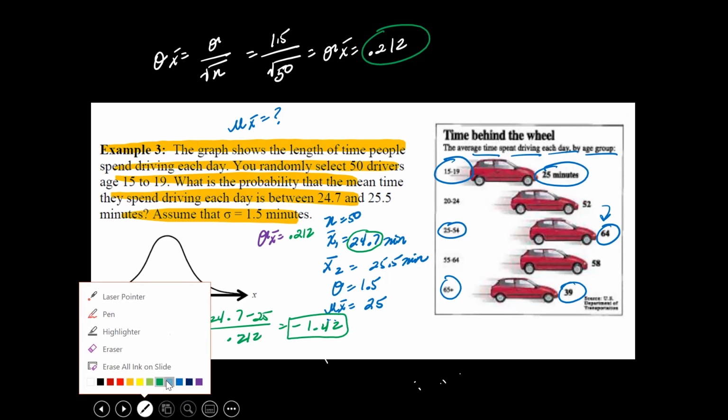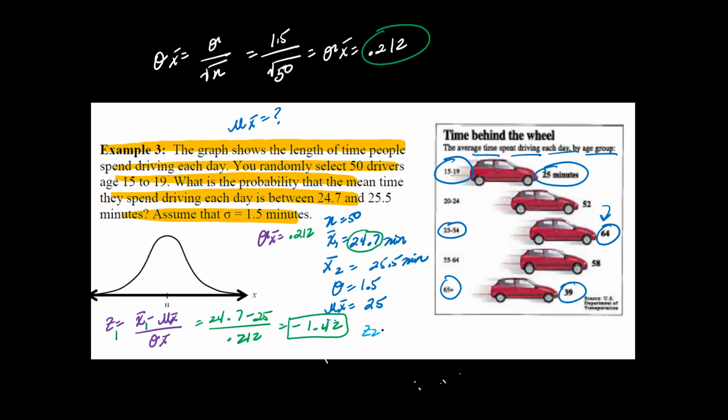Then let's find the second z-score. Z-score 2 is going to correspond to X bar 2 minus μ X bar divided by the standard deviation of X bar, and your X bar 2 is right here. So 25.5 minus 25 divided by 0.212, which is going to give you 2.36.